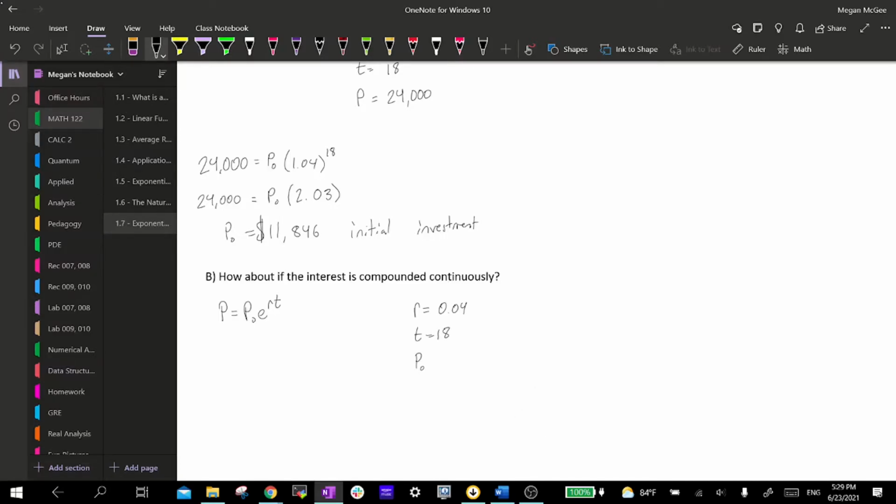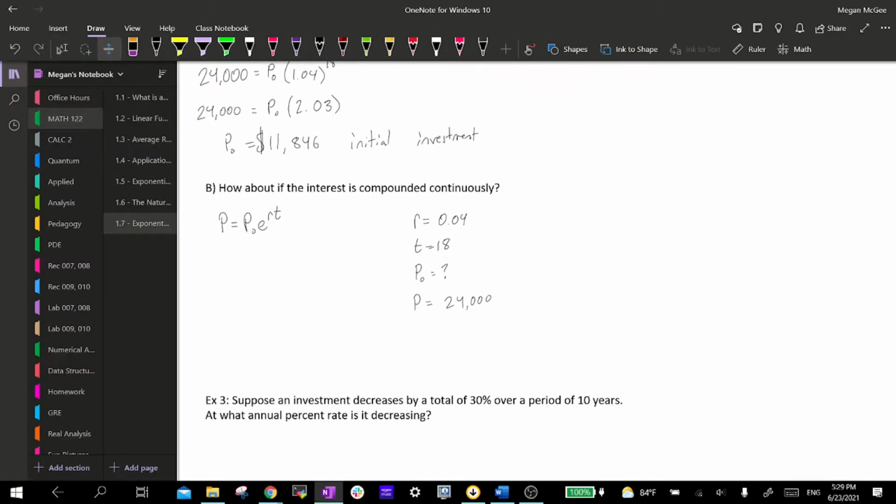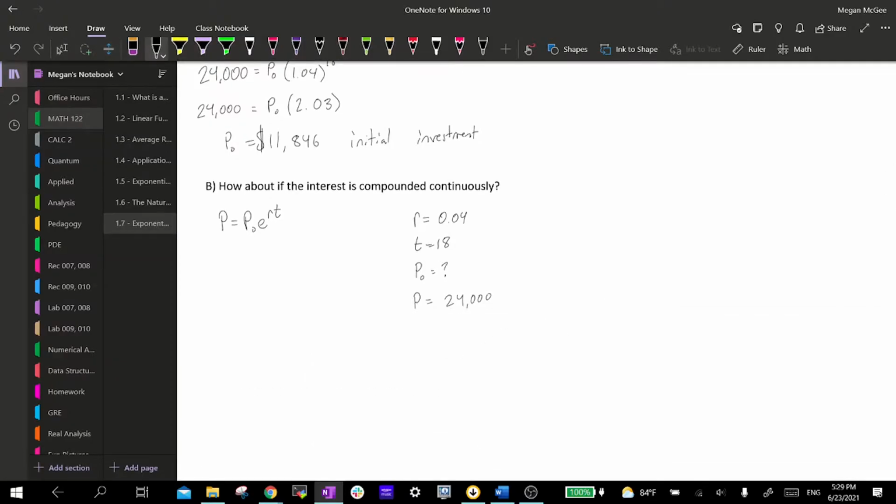P naught is still the question. And P is our 24,000. And we just need to plug all of this into our new equation. Again, I need a little bit more space. So we have $24,000 is equal to P naught times E raised to the 0.04 times 18.